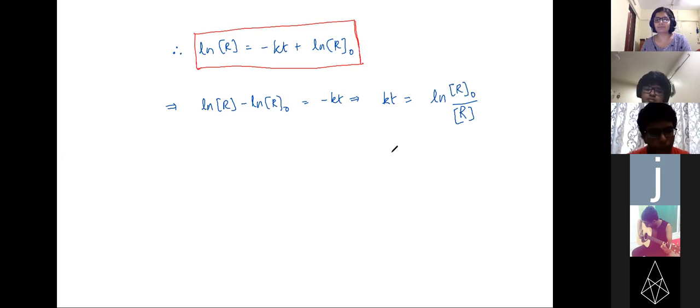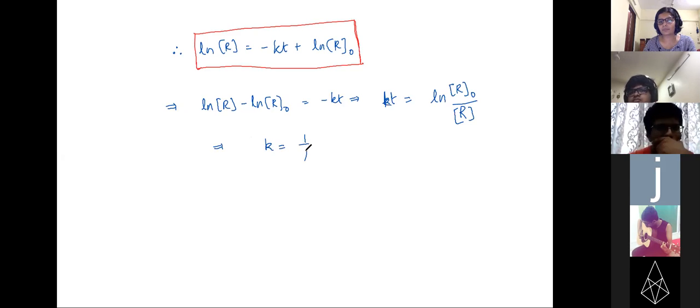That's what we've used here. So this is another format that you can use. If you were to find the rate constant, you can find it like this: k, the rate constant, will be equal to 1 by t ln of r naught upon r.